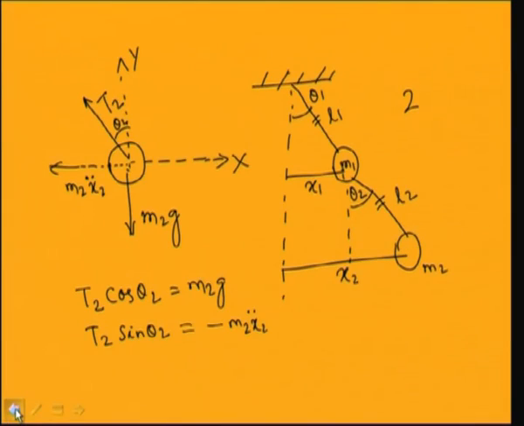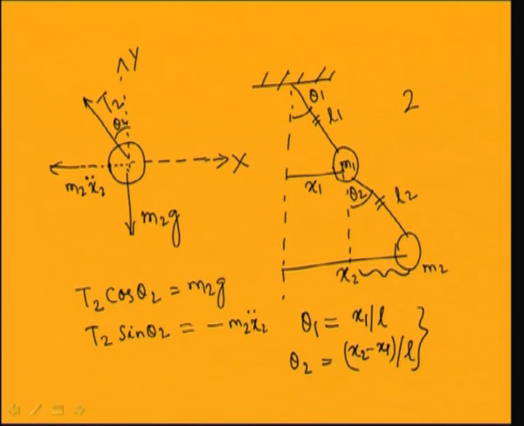Sin theta 1 is approximately tan theta 1, so theta 1 will be approximately equal to x1 by L, and theta 2 will be equal to this distance by L, that is x2 minus x1 by L.